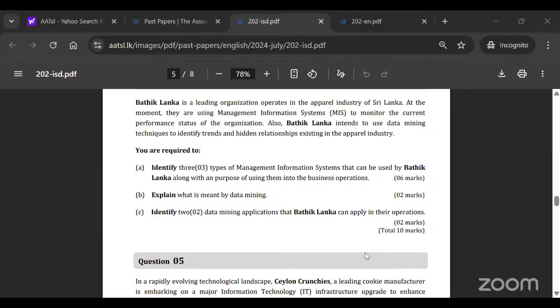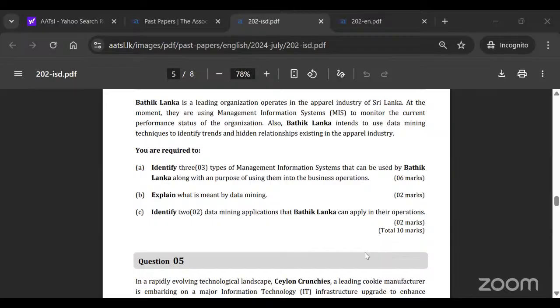Batik Lanka can use, on one hand, MIS, right? One is HRIS, Human Resource Information Systems.